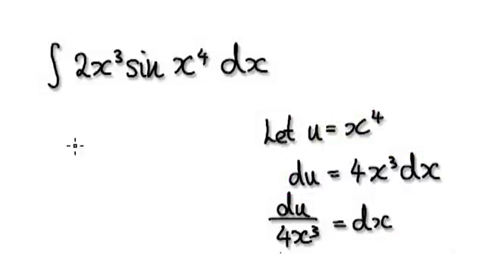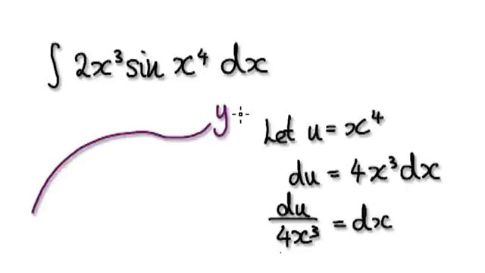Or another way of looking at it is, suppose you have a graph here. Let's say u equals x to the power 4. Then let's say this is our right angle here.